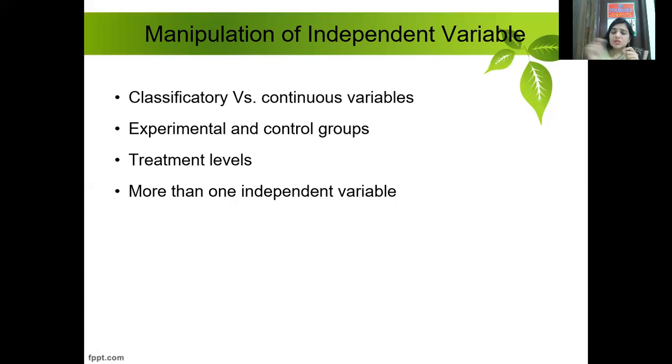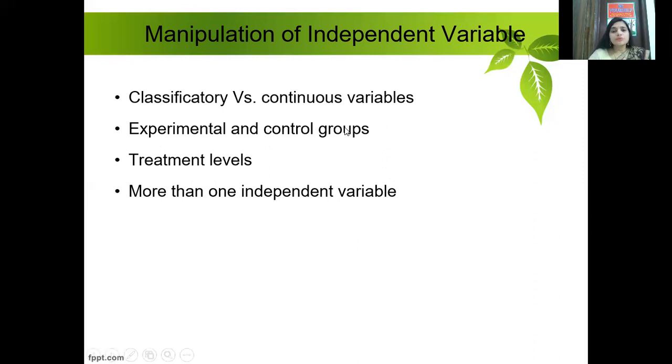It is not breaking anywhere. Classificatory means you can classify things. For example, gender, male and female, is a kind of classification. That is not a continuous variable. Either you will have a value of 0 or 1. It is not like 0, 0.1, 2, 3, 4 up to 1. No, just two values are there, 0 or 1, or you can denote it as 1 or 2. But when it comes to a continuous variable, the value is continuous.